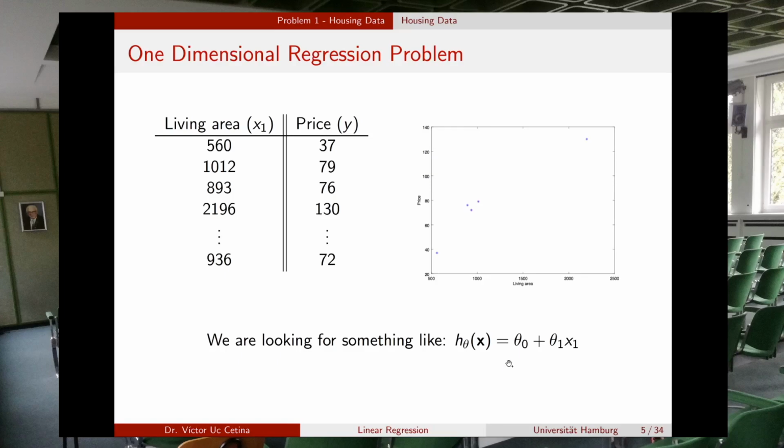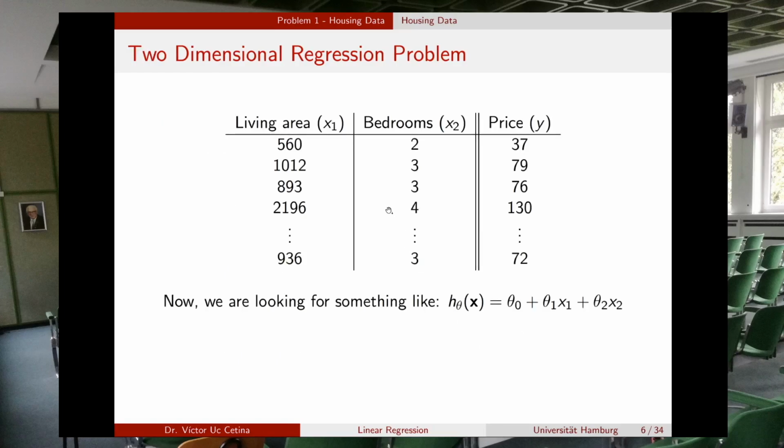Now, what happens if besides x1, besides the living area, we also have the number of bedrooms. We can call this x2. This will be our second variable. And then we can add one more term to our model, and we will have then plus theta 2 times x2.